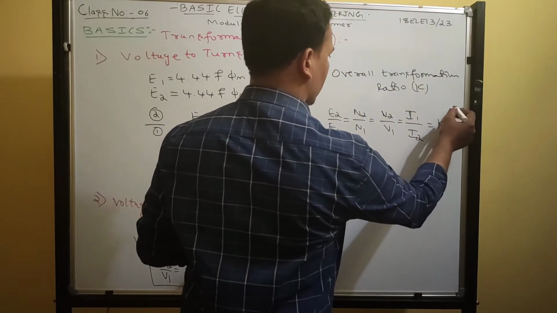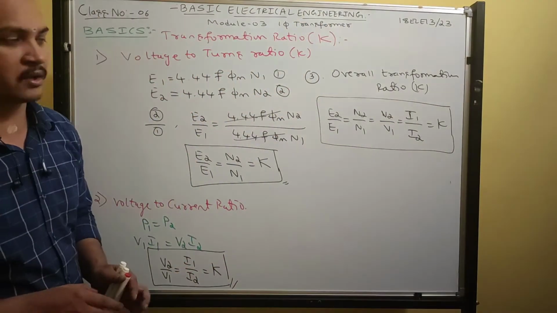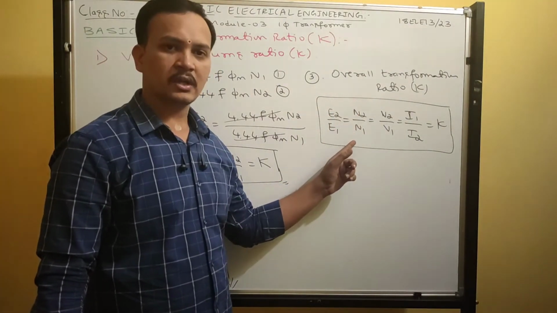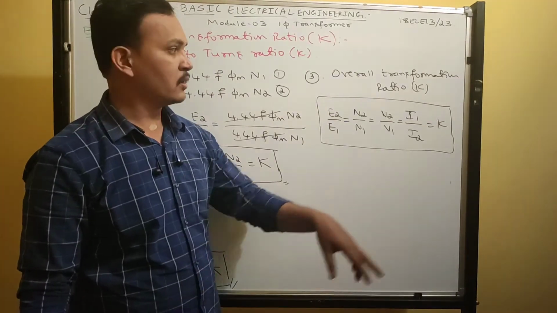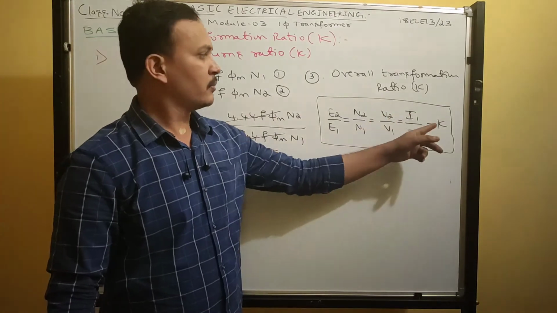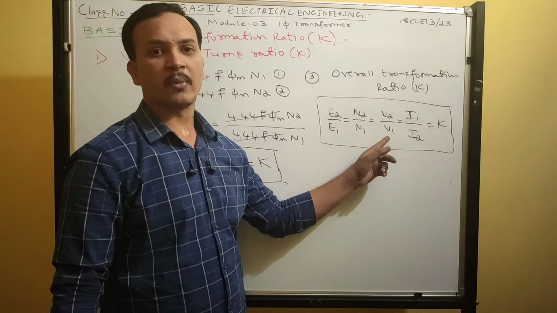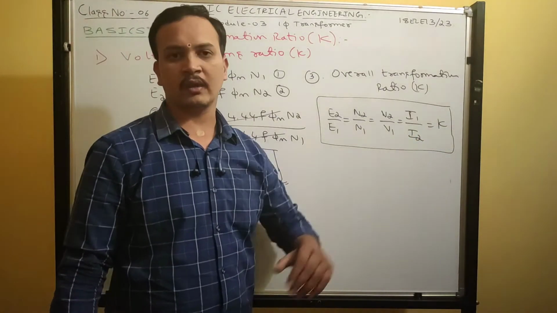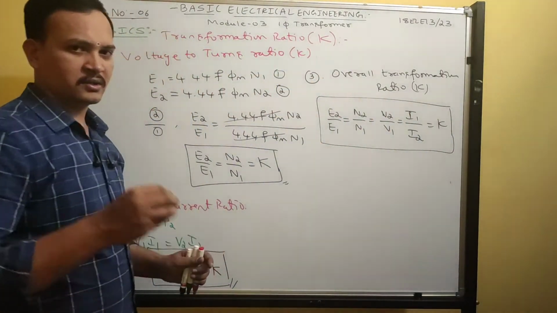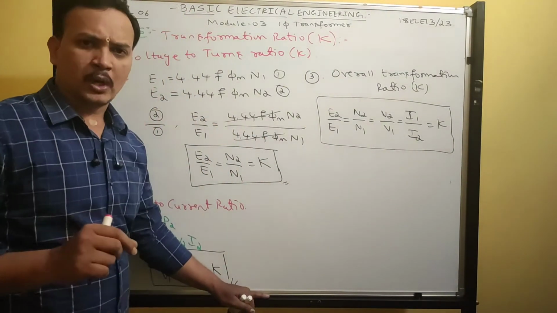All of this is called transformation ratio. We can find the value of K either by the induced voltage quantity or by the turns ratio. By giving the turns data, we can find the transformation ratio, and we can find it by using V2 by V1, the terminal voltage of secondary divided by the primary applied voltage. From that ratio also we can find the K value, and similarly the primary current to secondary current ratio is also called transformation ratio.